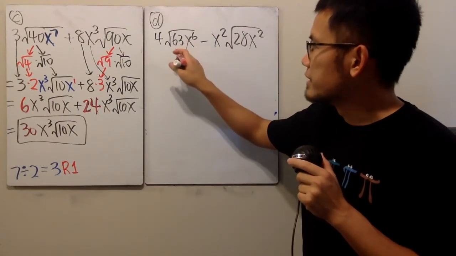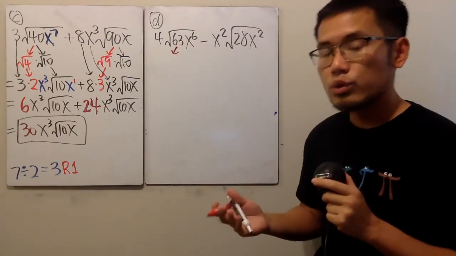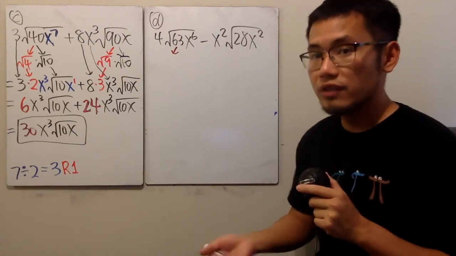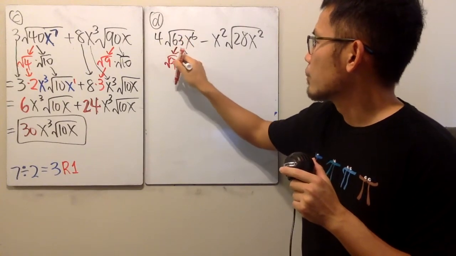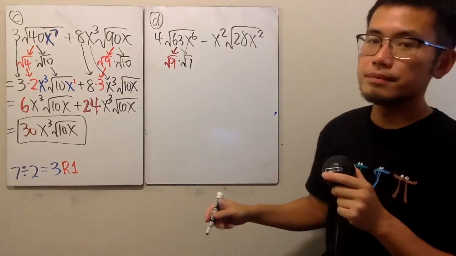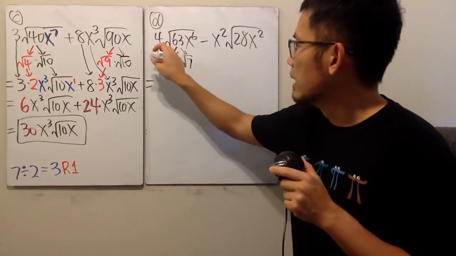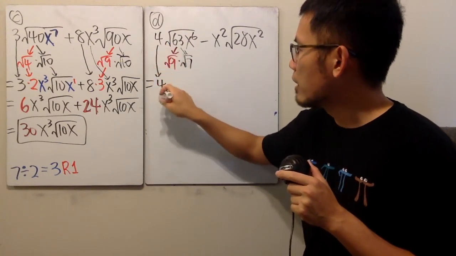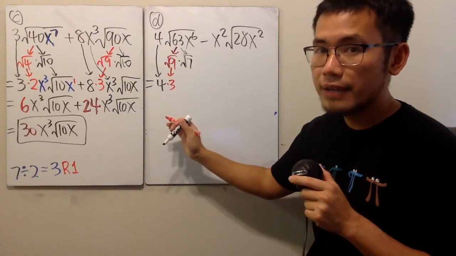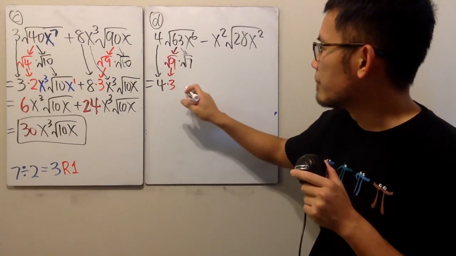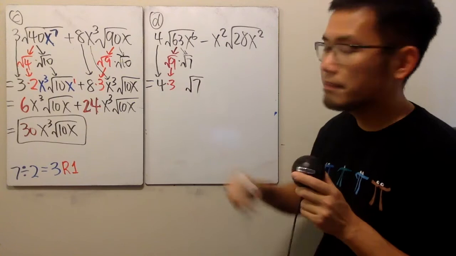Here, square root of 63, we know square root of 9 times square root of 7 will give us square root of 63. So I'll write down the 4 right here. And square root of 9 is just a 3 right now, right? Okay, good. And then we still have the square root of 7.